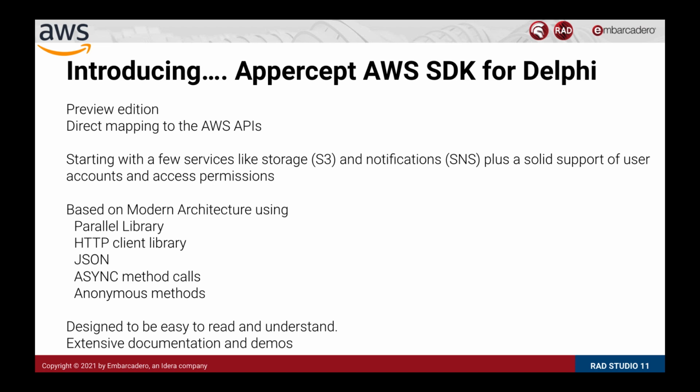There are elements of asynchronous method calls running in here, and also anonymous methods as well. So all these modern bits together mean it's very easy to read and understand, and very simple to integrate into your existing applications. There's also some pretty extensive documentation and demos available to take you through.